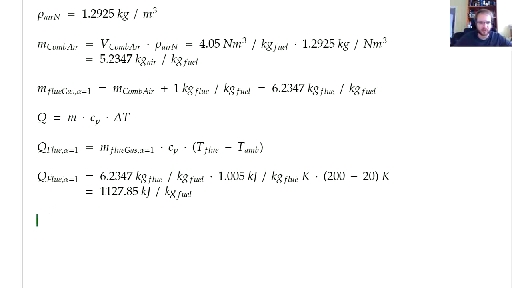So this is the amount of heat for alpha equals 1. Now what happens if the excess of the air is higher? In that case, that additional air is not taking part in any combustion, it's just there.